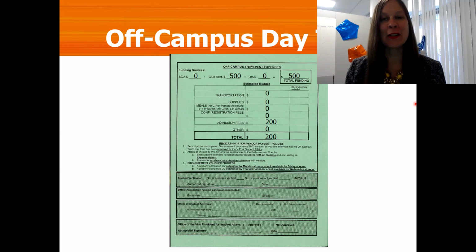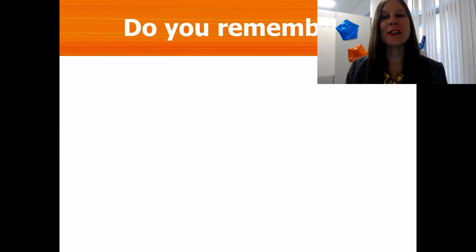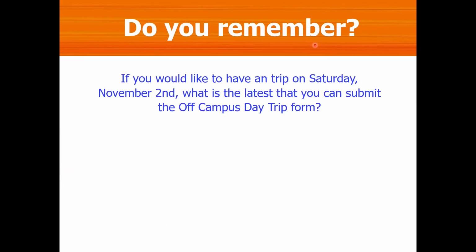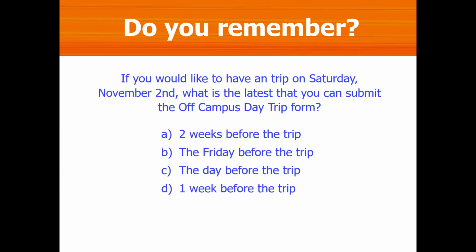Okay, so let's see. What do you remember? If you would like to have a trip on Saturday, November 2nd, what is the latest that you could submit the off-campus day trip form? Is it A, 2 weeks before the trip? B, the Friday before the trip?